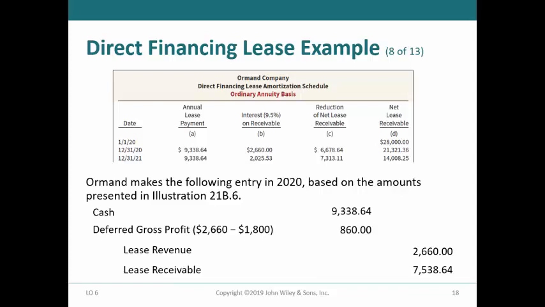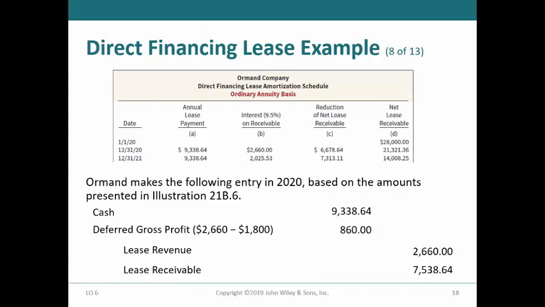And then they would credit lease revenue for $2,660 and lease receivable for $7,538.64. Notice that the lease revenue includes the regular interest of $1,800 and a portion, $860, of the deferred gross profit of $2,000. Similar entries would be made for the second and third payments.